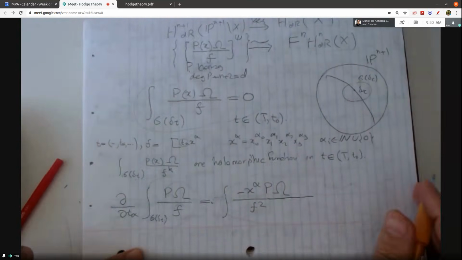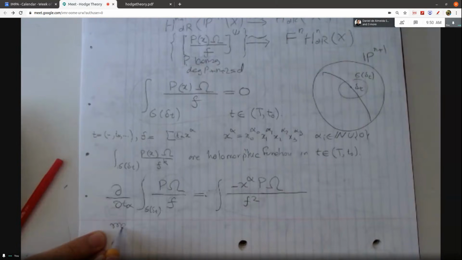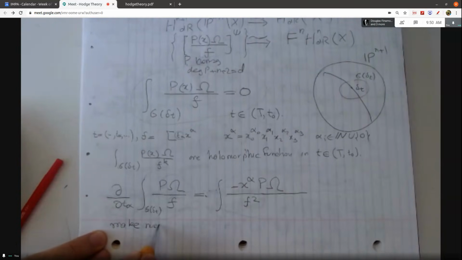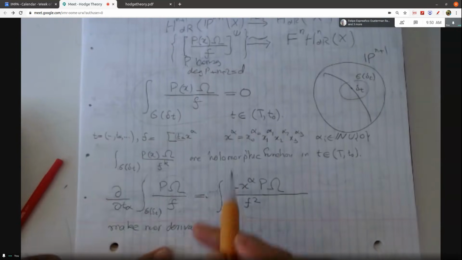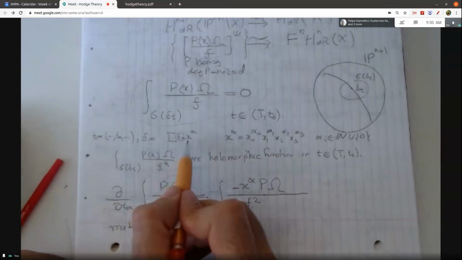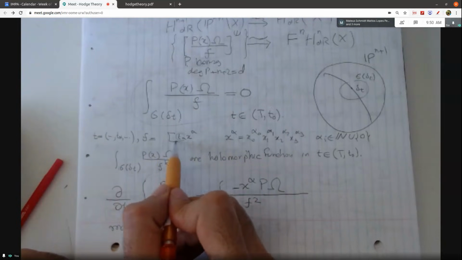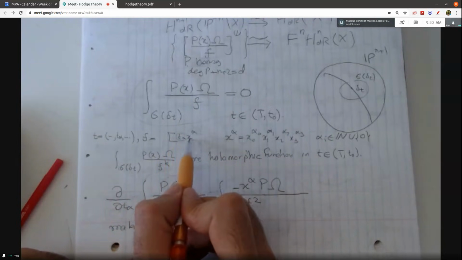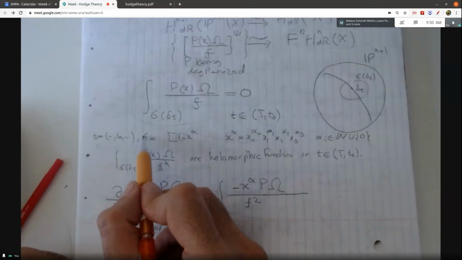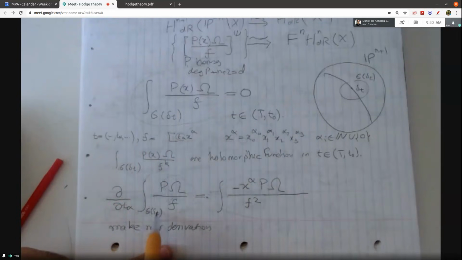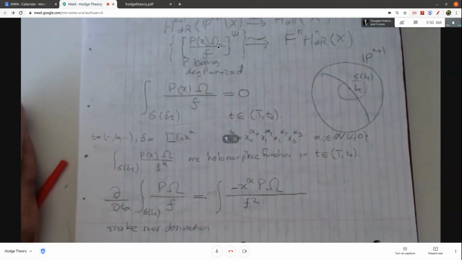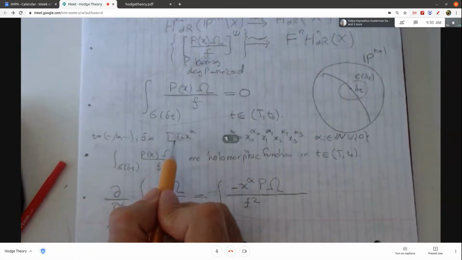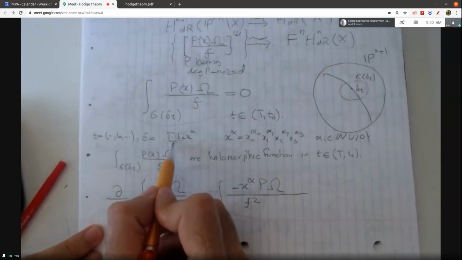And we will do it further, make more derivations. So remember that in f I have put all the monomials of degree d, because this family of curves that I found was present in all hypersurfaces.